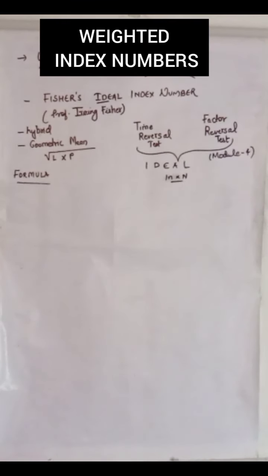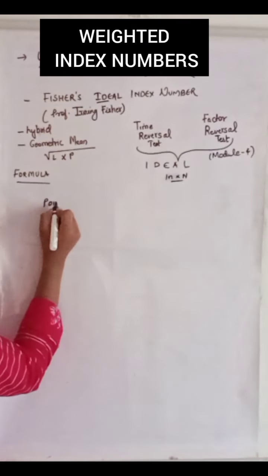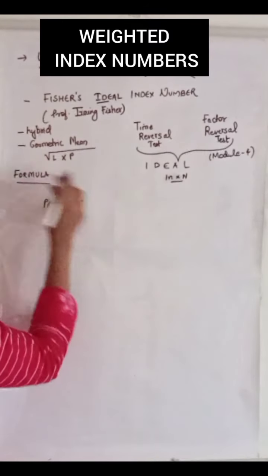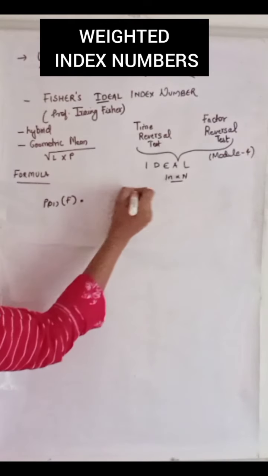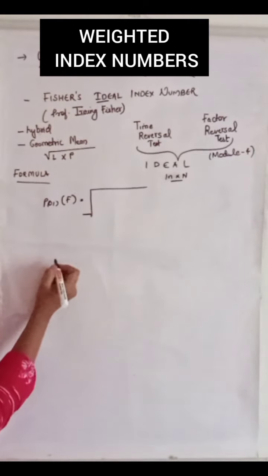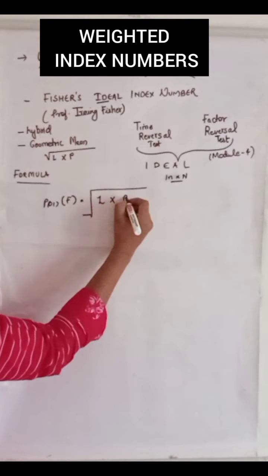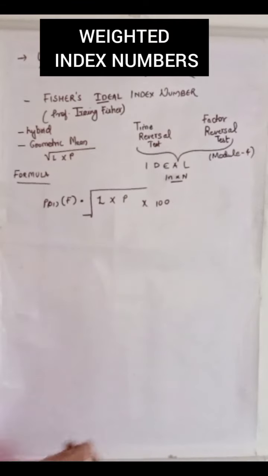Now let's see the formula for finding Fisher's ideal index number. The denotation remains P01 of F for Fisher's, is equal to, as it is said, a geometric mean. Let us take the root, the geometric mean of Laspeyres method into Paasche's method, into 100.